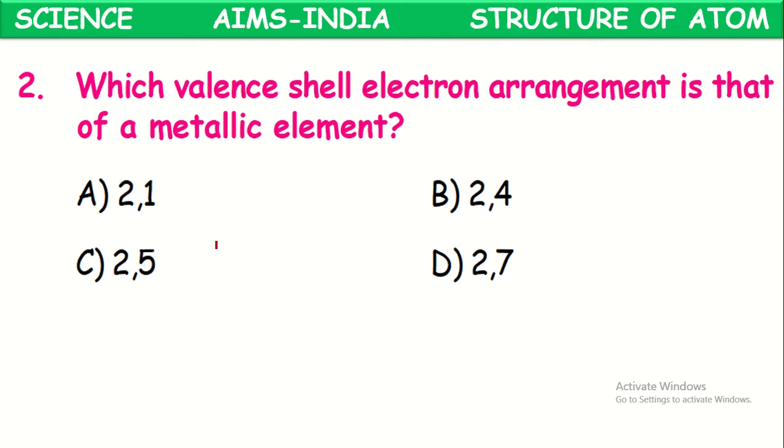Observe the configurations given, only this 2,1 represents a metallic element because it has only one valence electron. Elements with 4 or more electrons in the valence shell come under non-metals. So these three are non-metals, only this is the metallic element.